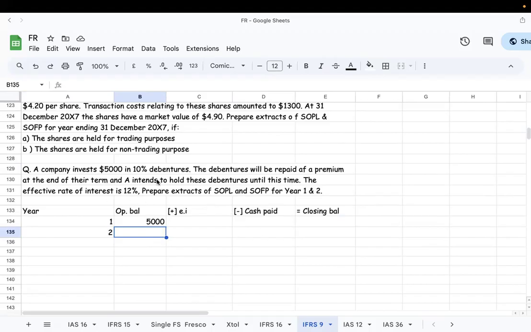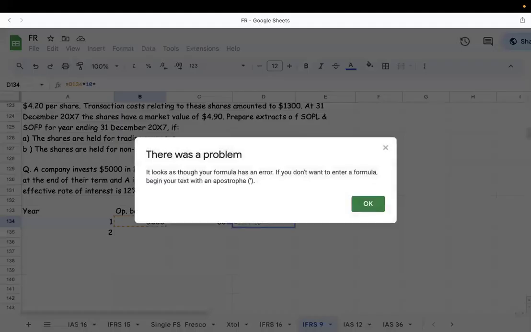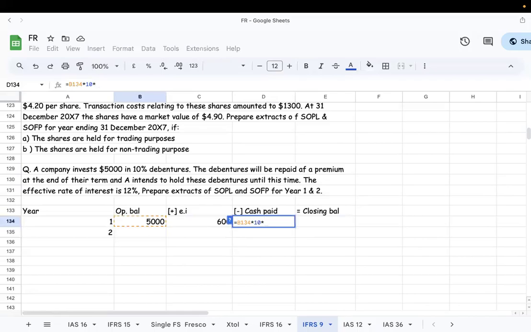Since there is no transaction cost, you're going to take the 5,000 as the par value. You're going to take the effective interest, which is given to you as 12 percent. The cash paid would be 5,000 into 10 percent, so cash paid by them becomes the cash received by us.